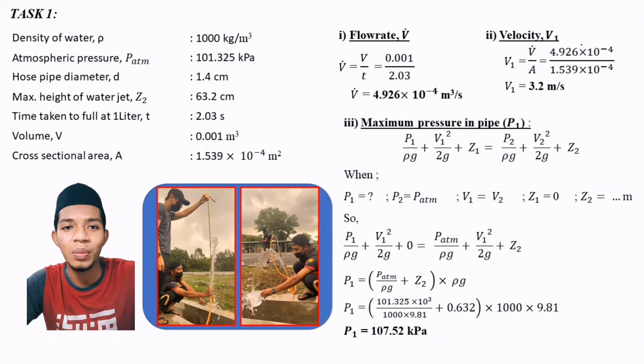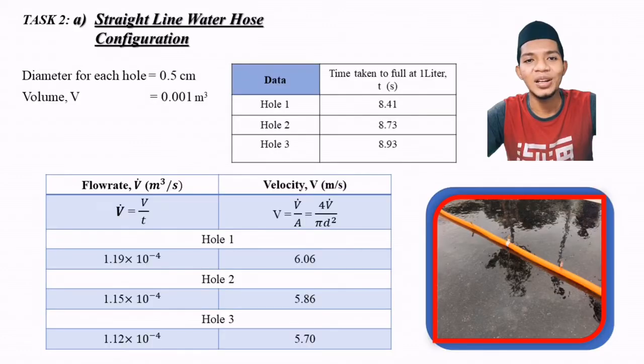Lastly, for the maximum pressure in the pipe, we get it from the Bernoulli formula. The formula we can see on the slide. Then when we substitute the data, we can get the pressure is 107.52 kilopascal.